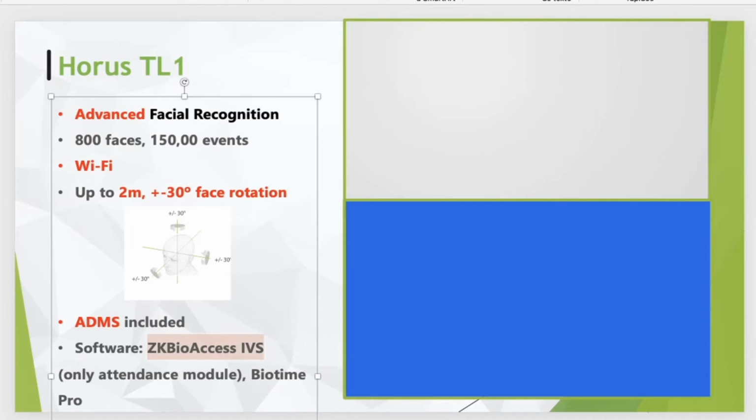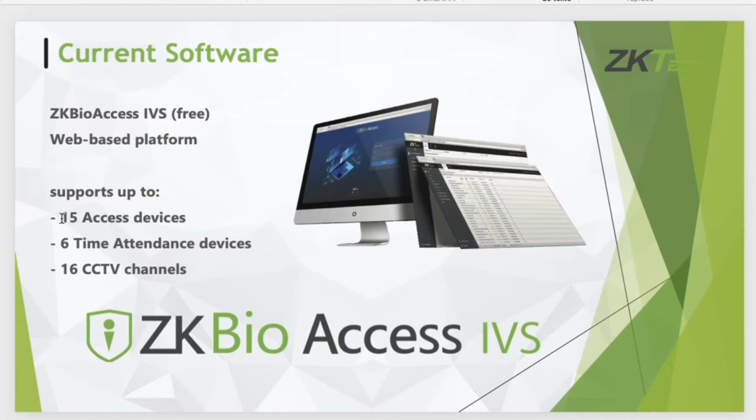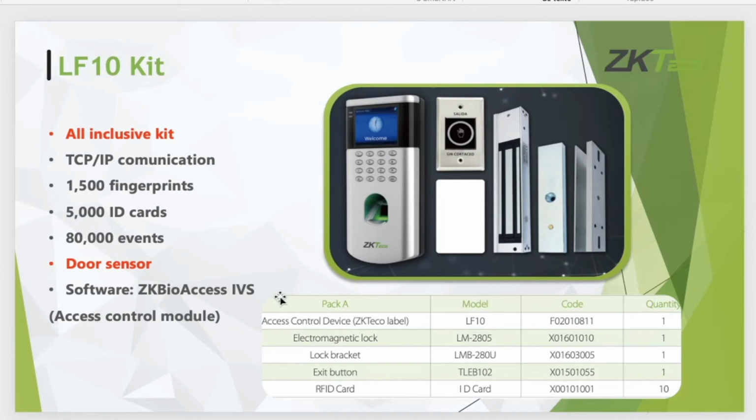Okay, so if you remember, when we introduced the software, we said that you can connect up to 15 devices for access control, time devices for time and attendance, and 16 for the CCTV channel. So this device is going to be connected in the access control model of the free software CK BioAccess IBS.